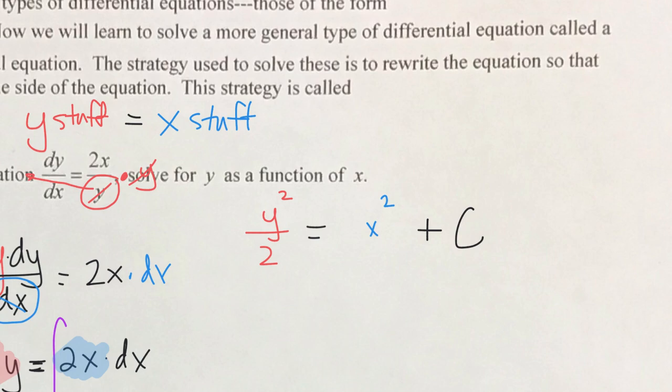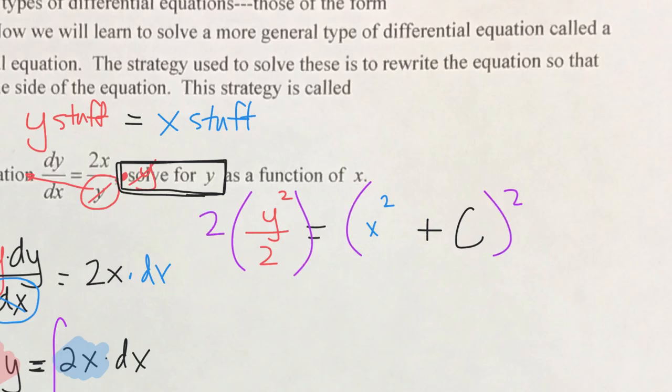We've done our antiderivatives. Now we have to get y by itself. So what's our next algebraic step in getting y by itself? Multiply everything by 2. So this just becomes y squared, and over here, 2x squared plus, really we have 2c.